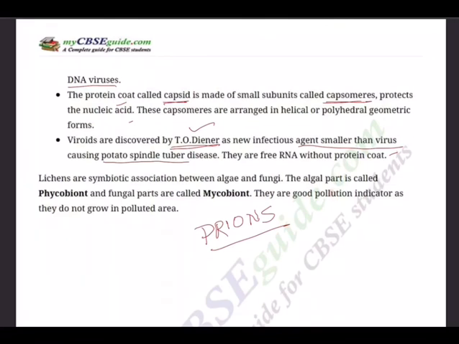Common diseases caused by them are bovine spongiform encephalopathy, BSE, or mad cow disease in cattle, and its analogous variant is Creutzfeldt-Jakob disease, CJD, in humans. So that is also a very, very dangerous agent.